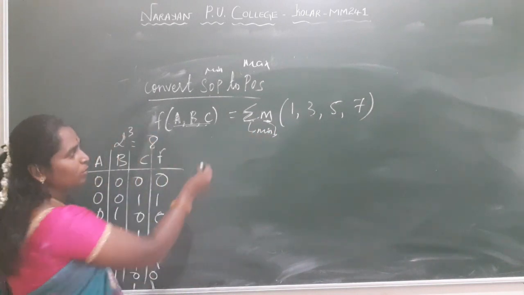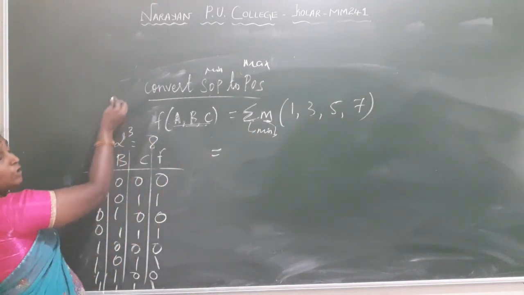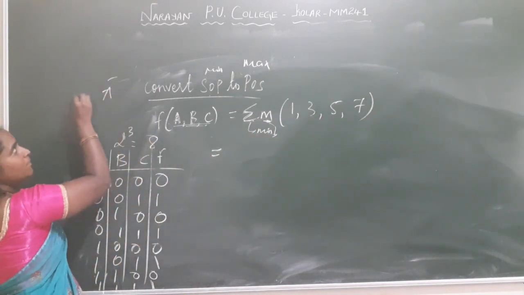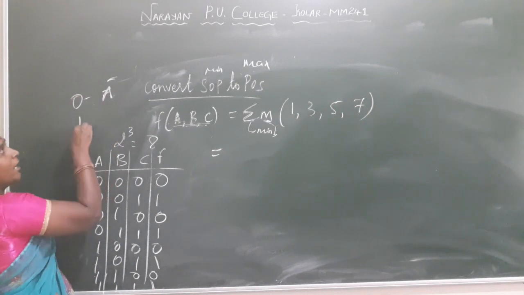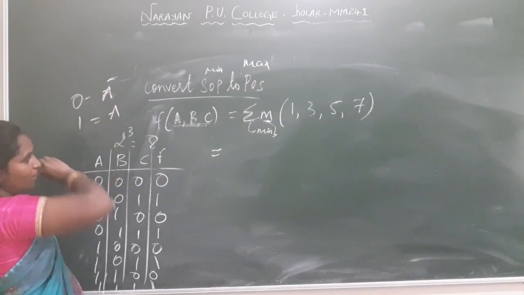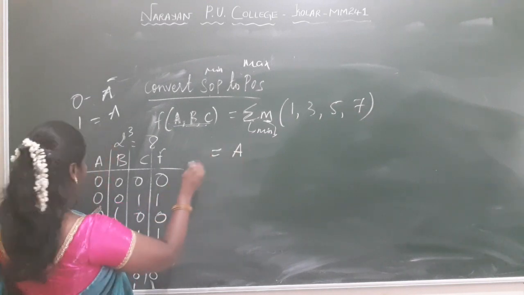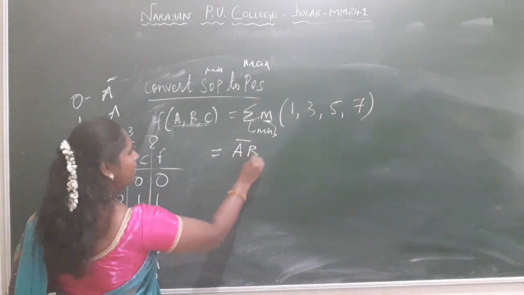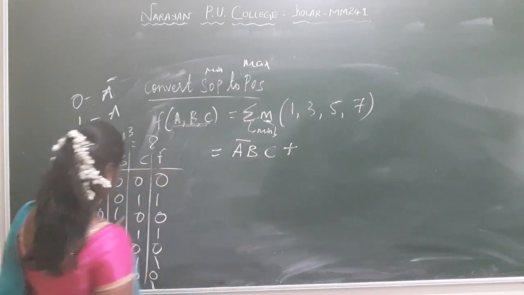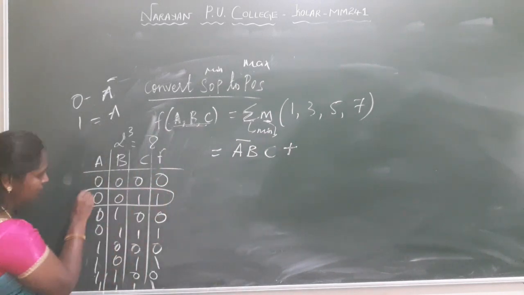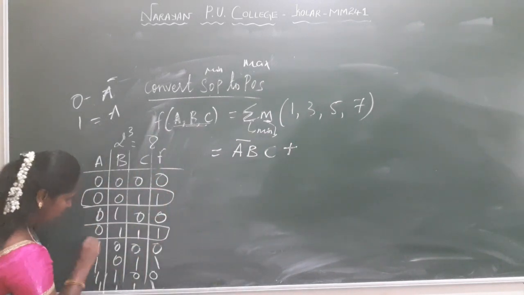From this you can take the expression. As already told in minterms, 0 means complement, 1 means the variable is uncomplemented. For 1, I take a bar, b bar, c, plus, only for those which have output 1.